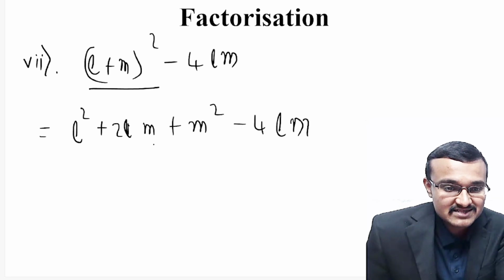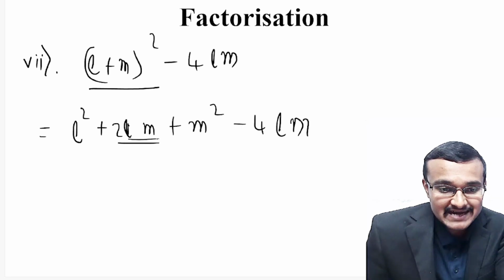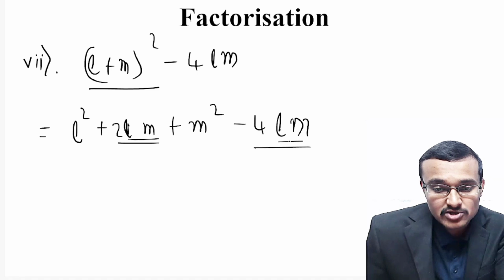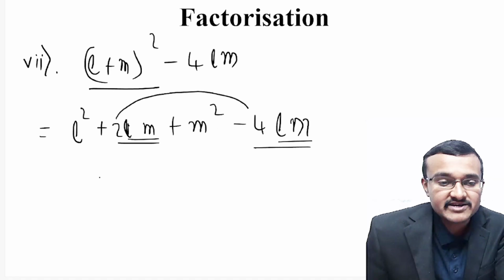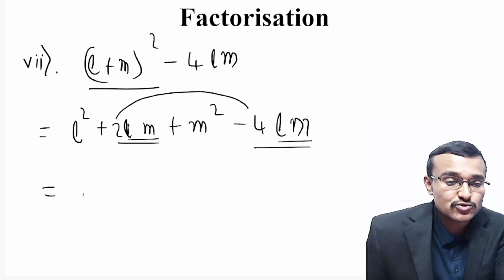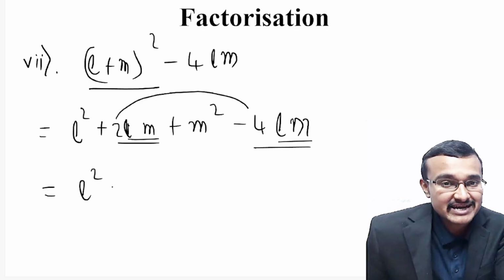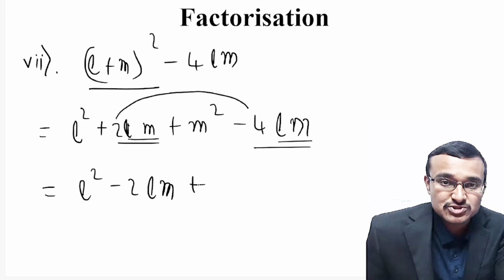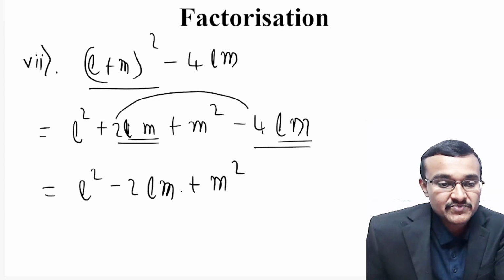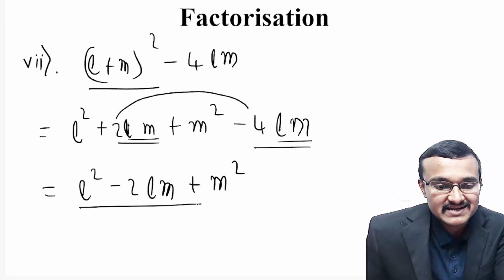So here you can see this term has lm and this term also has lm. So you can perform subtraction between 2 and 4. When you do 2 minus 4, you will get minus 2. So minus 2lm is there as common. So minus 2lm plus m square. Now you have got the expression L square minus 2lm plus m square.